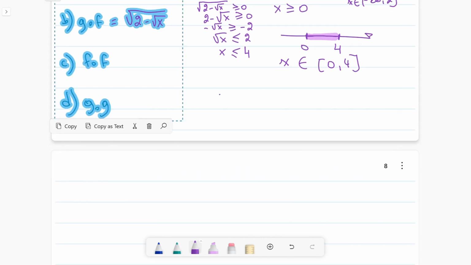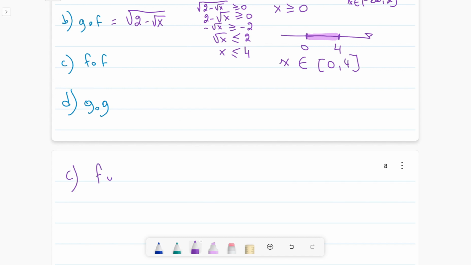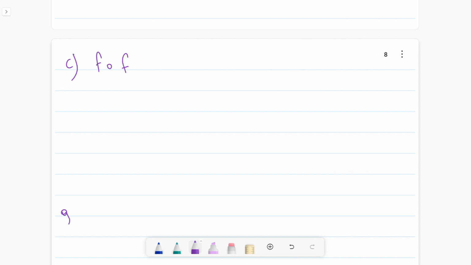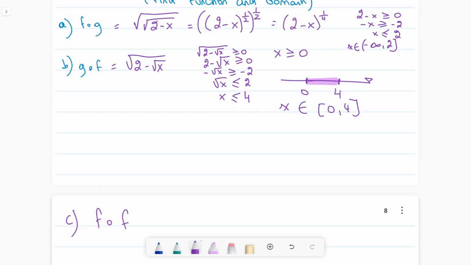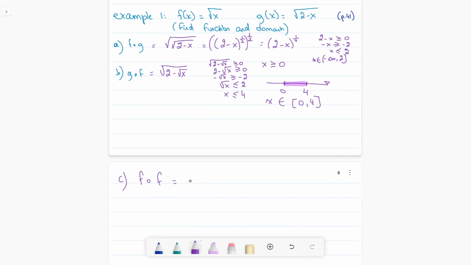Now, let's look at f of f. So, for f of f, first we write f, and whenever we encounter the f inside, we replace it by f. So this is our answer.